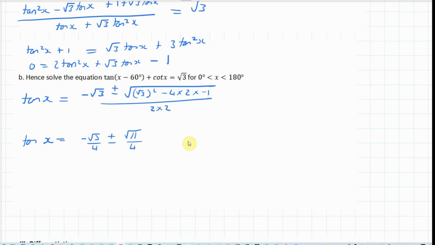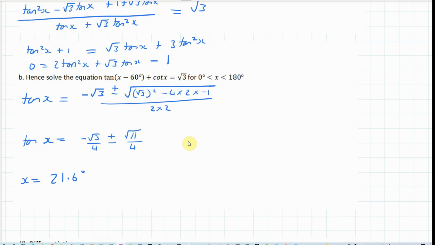And therefore x is equal to the inverse tan of those. So if I do inverse tan of negative square root 3 over 4 plus square root 11 over 4, I get 21.6.